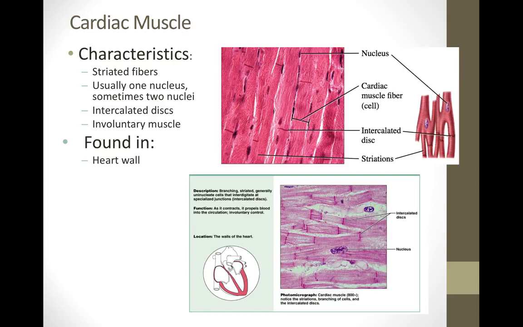Let me show you the difference between intercalated discs versus the striated pattern. In this picture, the muscles are going vertically. What you see as these darker lines, where the cursor is, or in the lower picture, the darker pink lines, are intercalated discs, separating one cell from another.